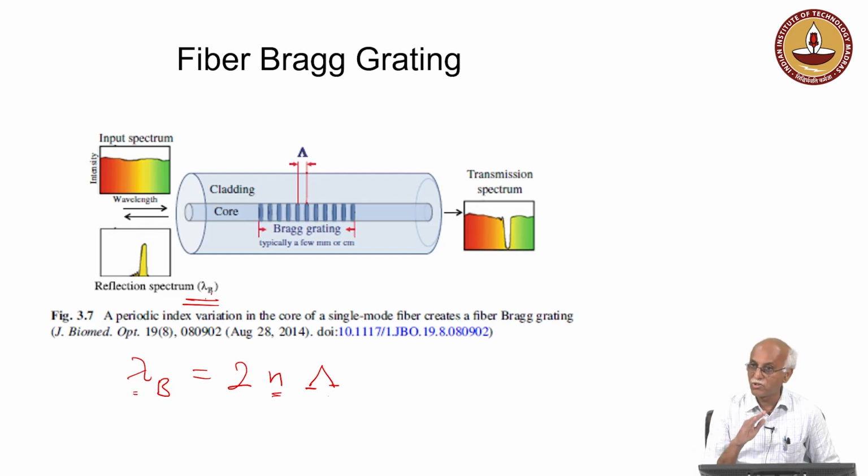That is one aspect. Secondly, the refractive index of the material will also change by a small amount. So, these two parameters influence the change in the Bragg wavelength, and that can be captured with the help of a fiber Bragg grating.